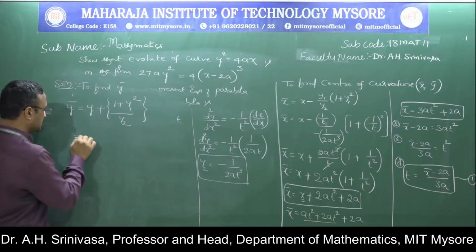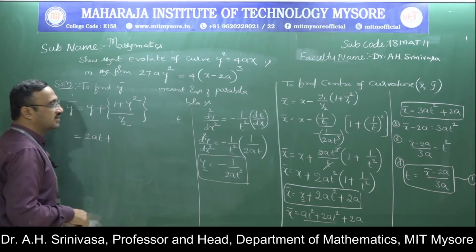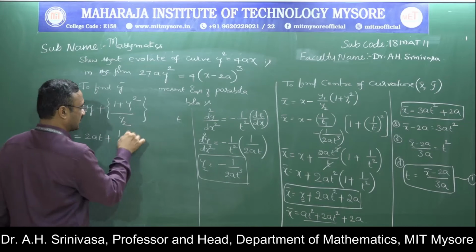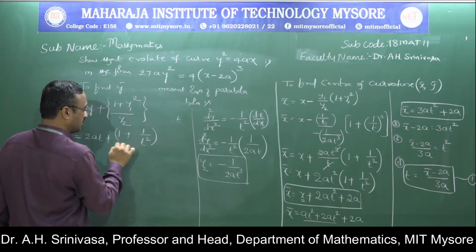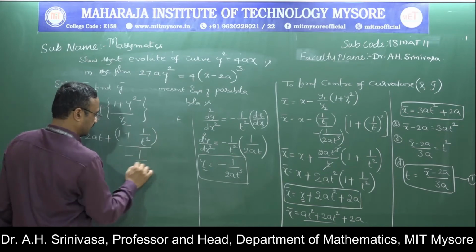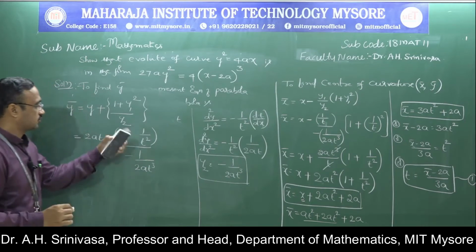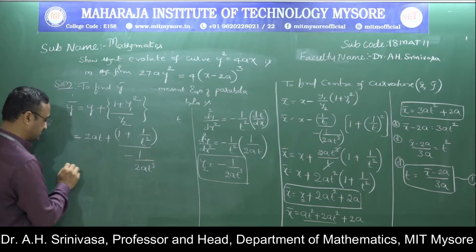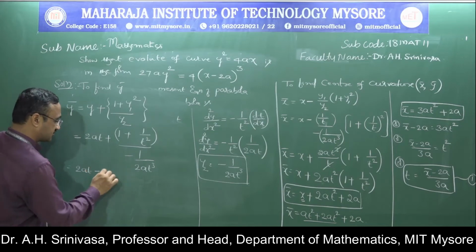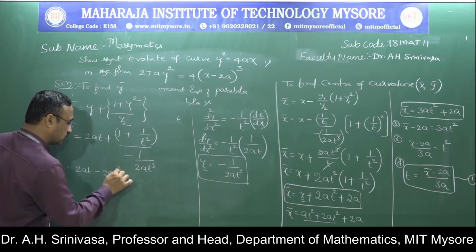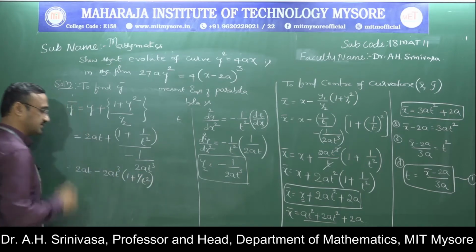The y value is 2at plus 1 plus y1 square, 1 plus 1 by t square, whole divided by minus 1 by 2 times of, shift to numerator, then plus divided by minus 2at, it is a minus times of 2at cube into 1 plus 1 by t square.